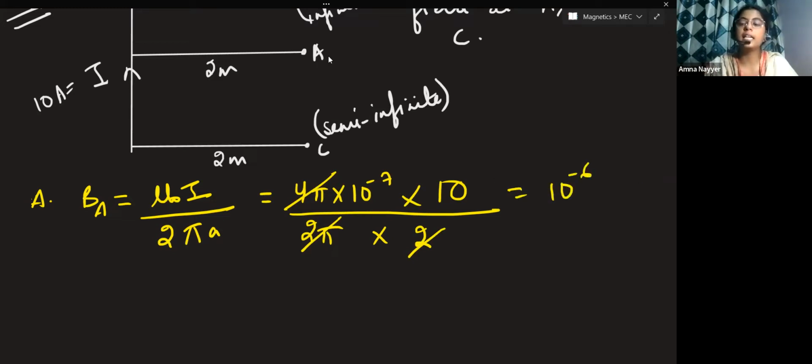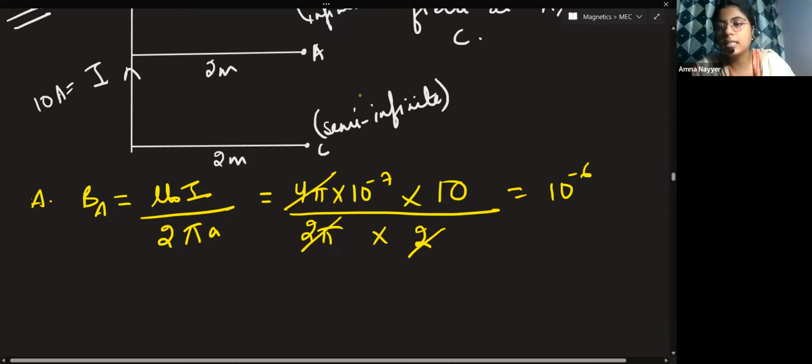Now see regarding the direction. This is the point. This is the current element that is flowing. If I keep my hand like this, and this is the point, I'll curl my fingers in this way. See, the curling of fingers is pointing forwards.